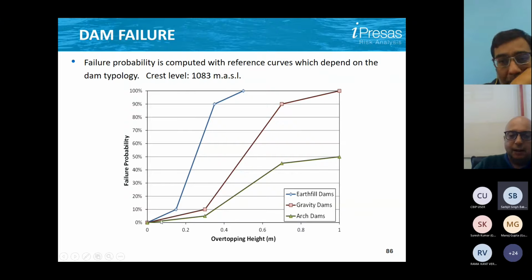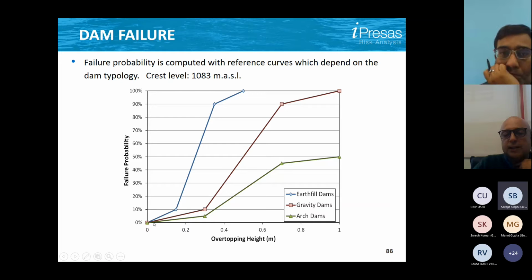So the fragility curve will be also offered by the software, which is a generic one based on experience, and means that with 25 centimeters of overtopping, probability of failure is 10%. But with 1 meter of overtopping, probability of failure is 100%. And this is the shape.